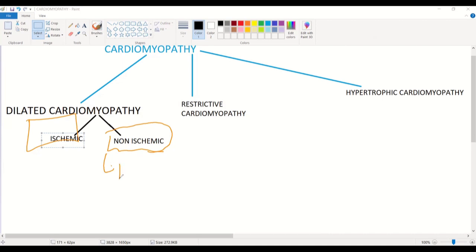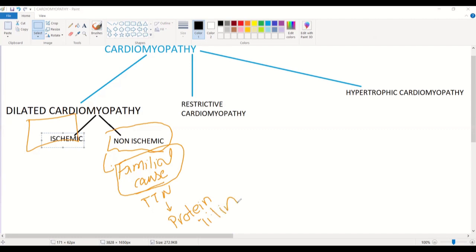So this is a familial cause. This TTN gene encodes the protein titin, right? Sometimes they ask about this kind of thing, protein titin.